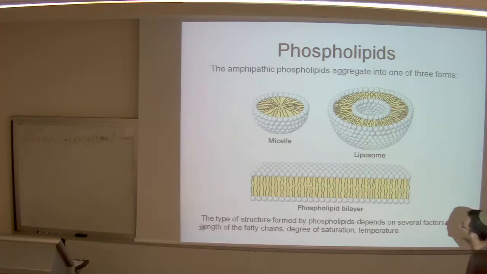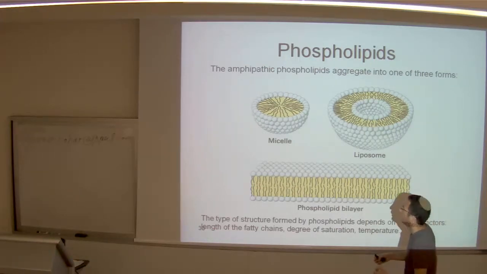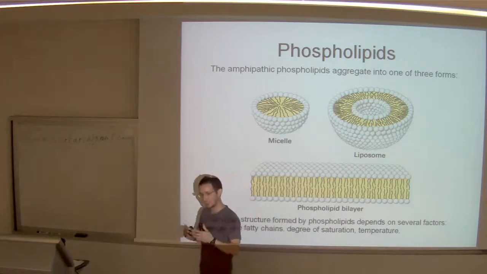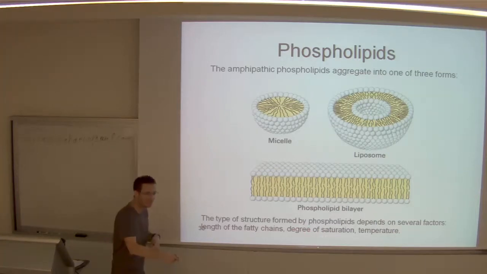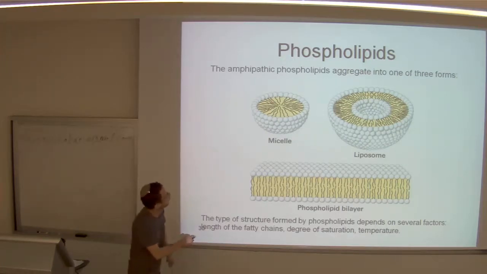And depending on intrinsic factors such as the length of the fatty acid, the identity of the polar head group, and so on, and also depending on extrinsic, environmental features such as degree of saturation, the concentration of phospholipids you have in your solution, temperature, pressure, and so on, you get different structures being built from the same building block, phospholipids.